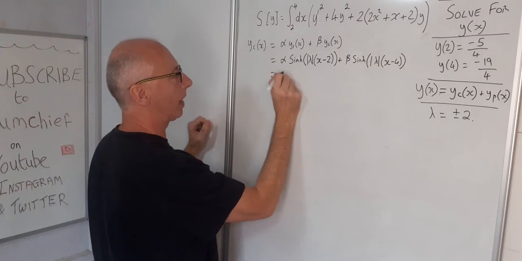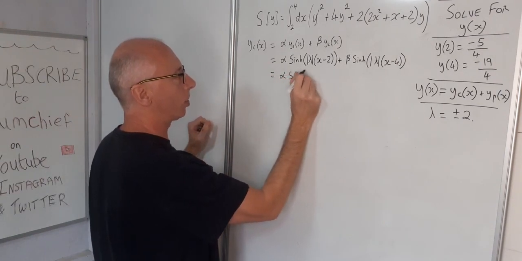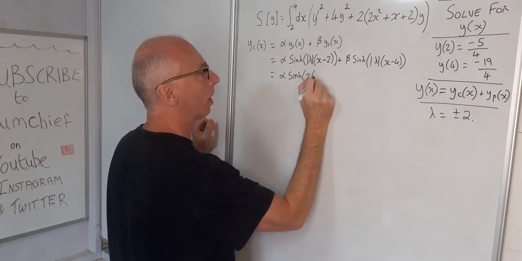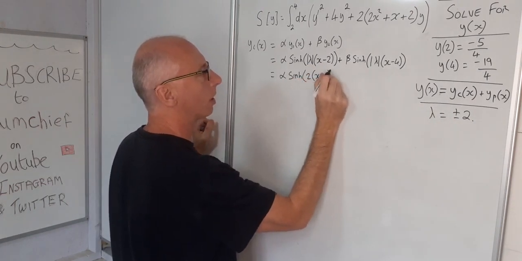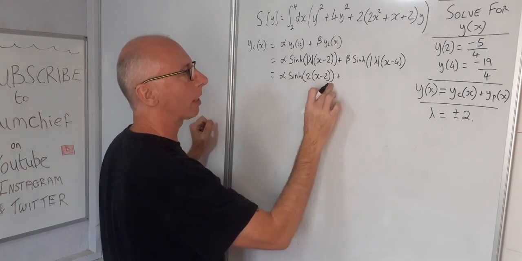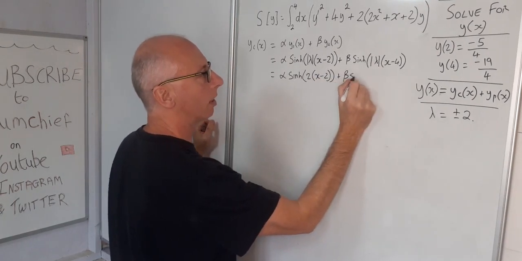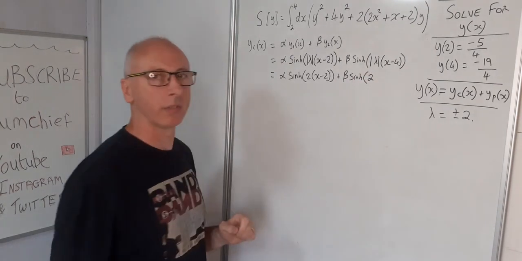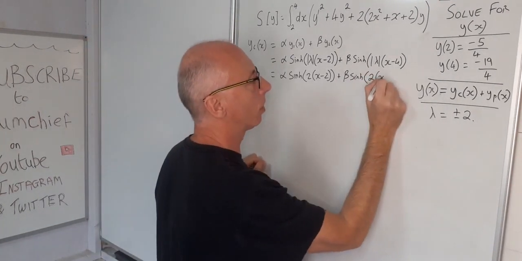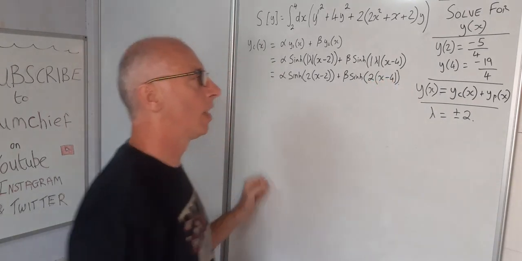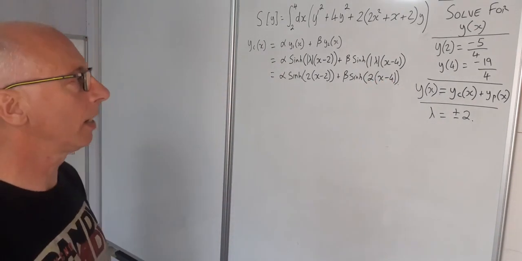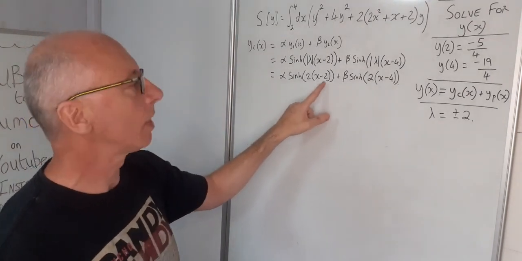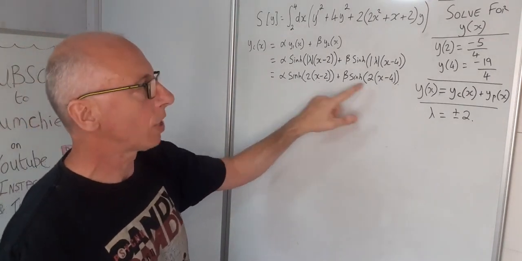Now I've got alpha sinh of the absolute value of lambda, which is 2, times x minus 2, and then beta times sinh of lambda again, which we know is 2, absolute value, times x minus 4. We know that these two are going to be linearly independent because there are going to be different values of the input when we subtract 2 or subtract 4.